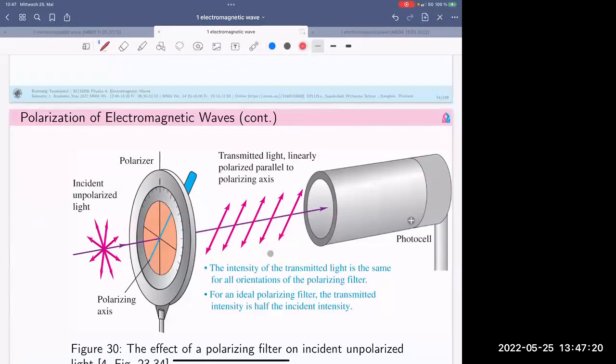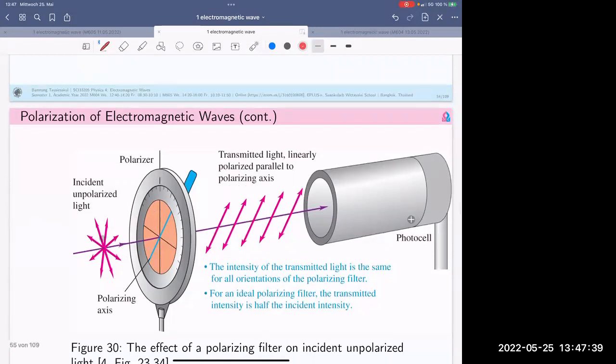And for an ideal polarizing filter, the transmitted intensity is half the incident intensity. So the intensity after the filter will be only 50% of the power from the original source of the light.